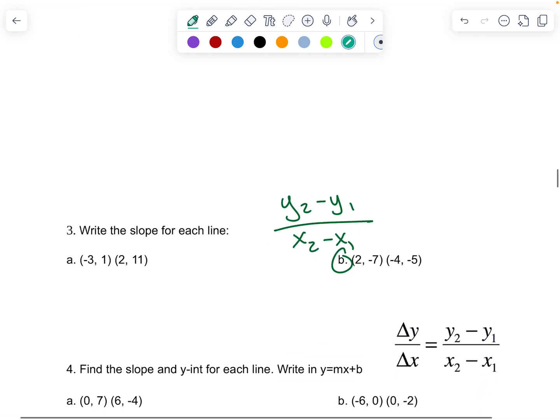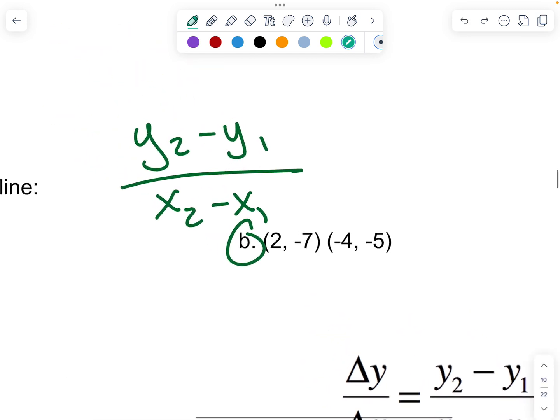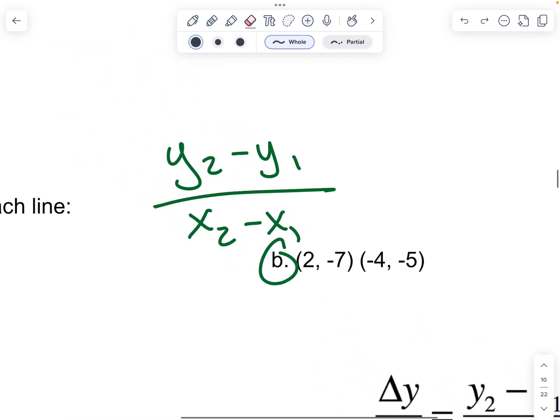The last part is writing slope from 2 points, okay? Slope is your change in y over change in x, which basically means we can find the change in y's if we subtract our y's. We can find the change in x if we subtract our x's, right?